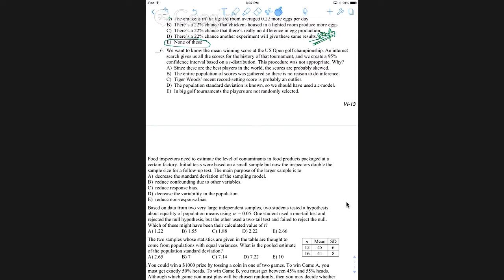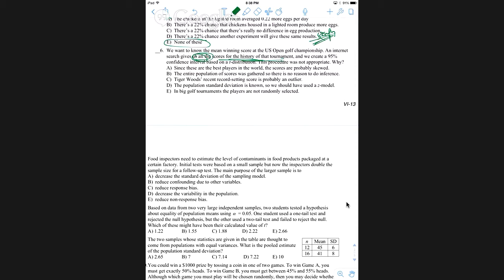Well, if we have all the scores in the history of that tournament, that means we're going to end up with the population mean. We're going to know what the true mean is. And if we know the true mean, we really are not going to do inference on the population.